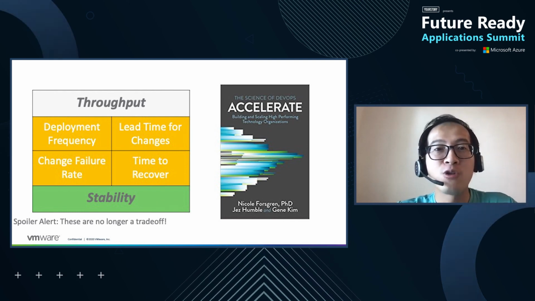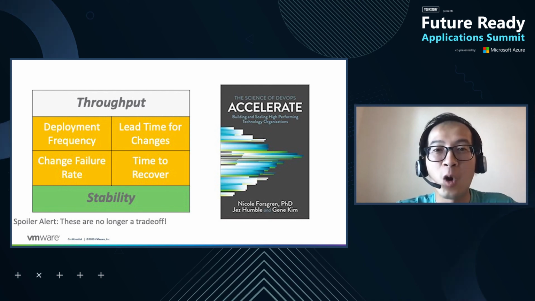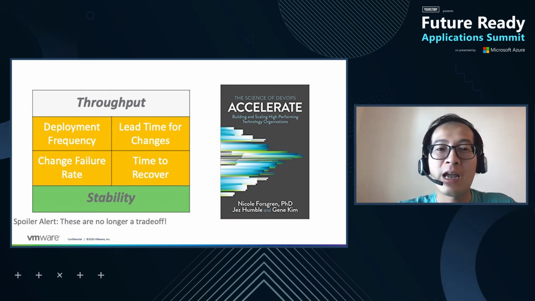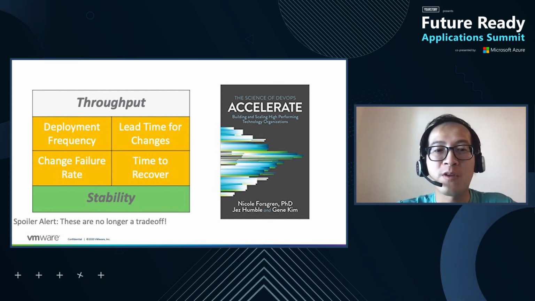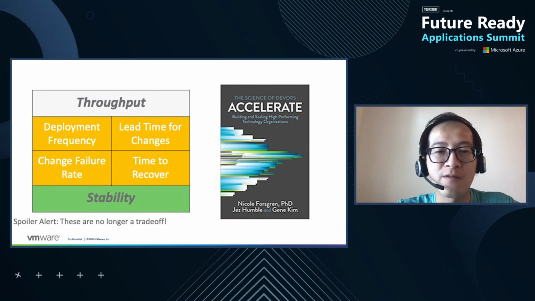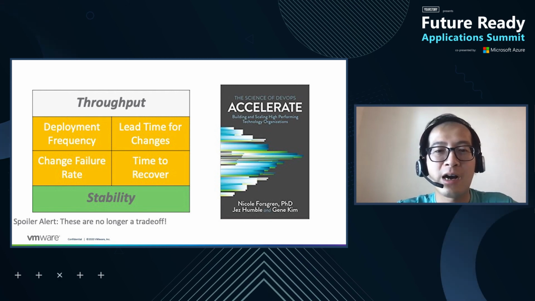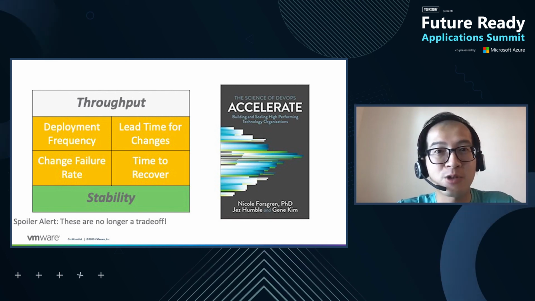And therefore, you should have a high frequency of deployment. You should have a low lead time for change. And for all those changes, there should be a lower failure rate. But if you cannot avoid failure at all, then you are measured against the time to recovery.